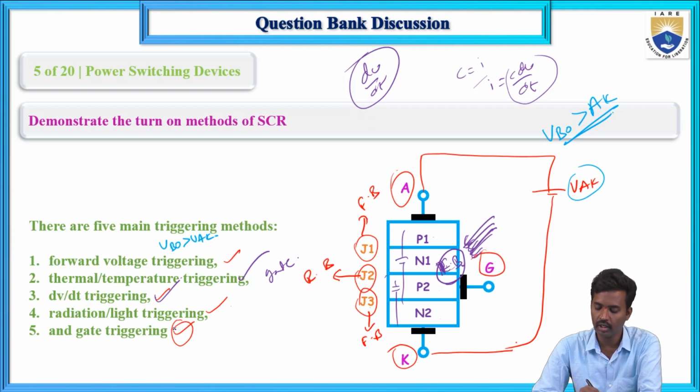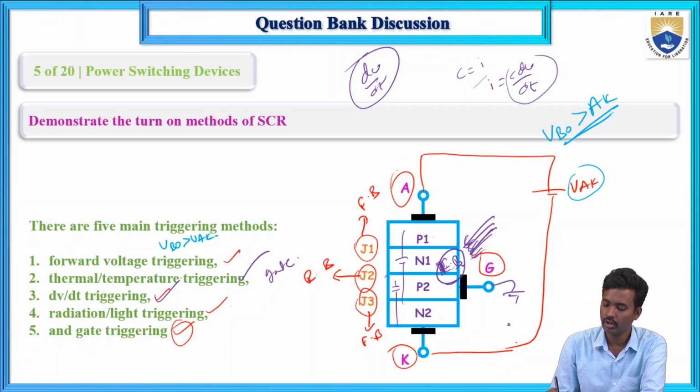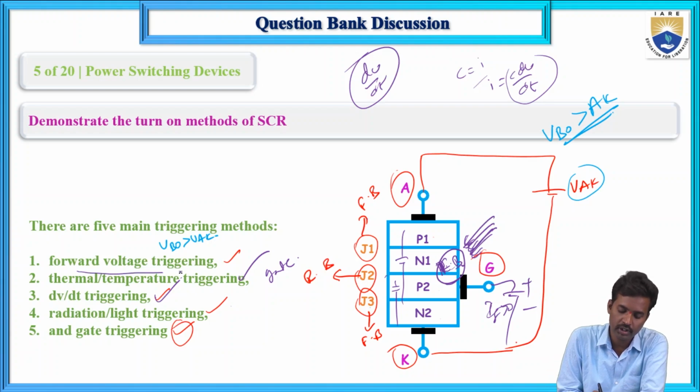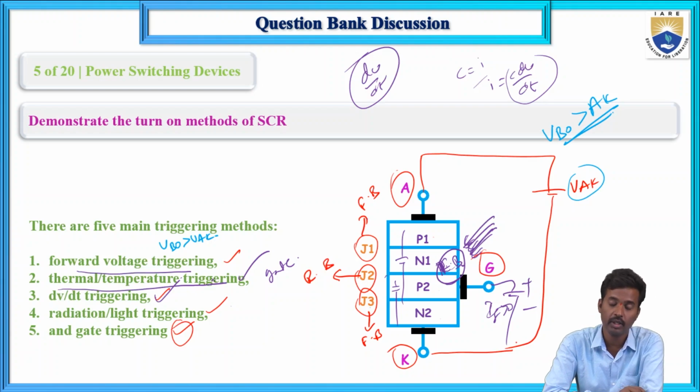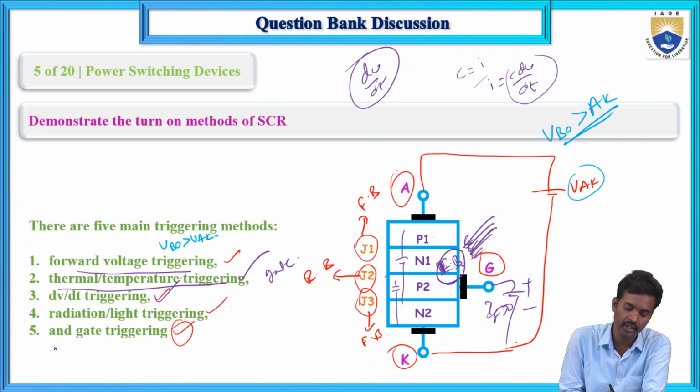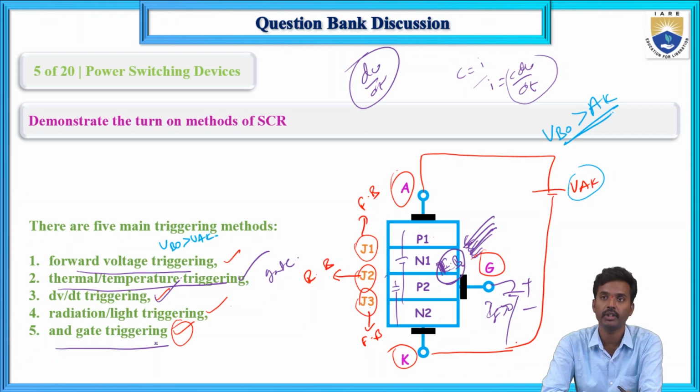Gate triggering we already discussed: when a positive supply is given at the gate and Ig is greater than 0, J2 junction is again forward biased. In this way, in 5 methods we can turn on SCR: forward voltage triggering, thermal triggering, that is temperature triggering, dV by dt triggering, radiation or light triggering, and gate triggering.